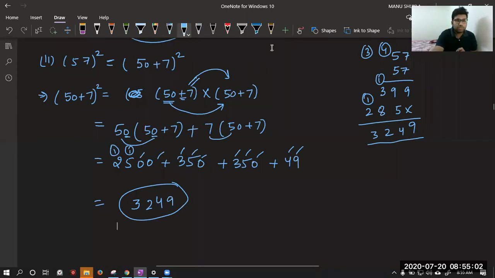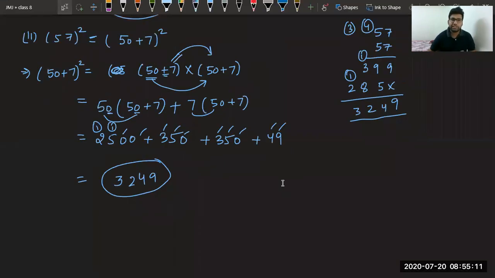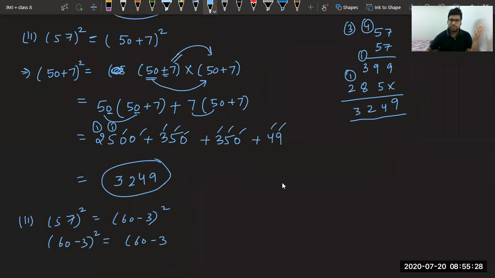Okay, now let's start the next way by Krishna's method. Suppose you also have thought in Krishna's way that 57 can be written as 60 minus 3. In that case, no issue. It is the same. Write like this. 60 minus 3 whole square is the same as 60 minus 3 into 60 minus 3.